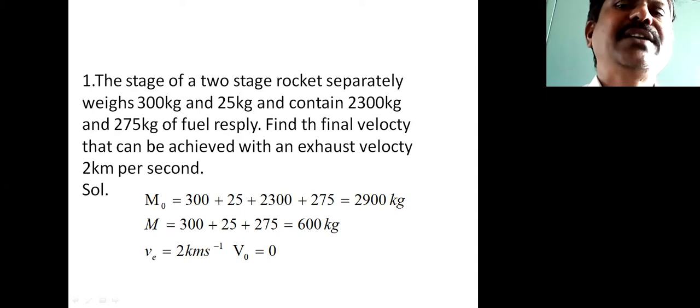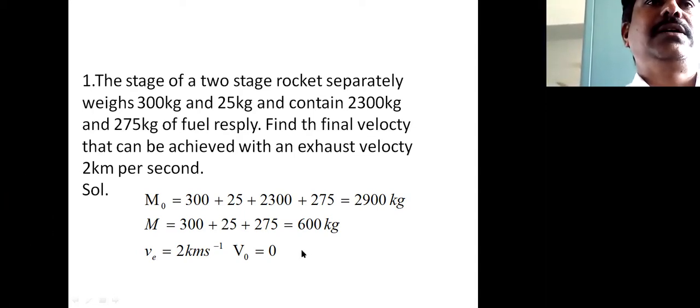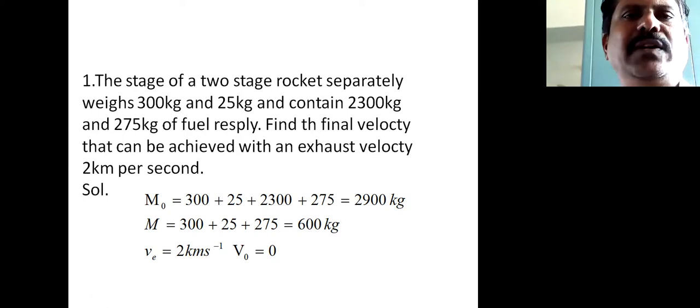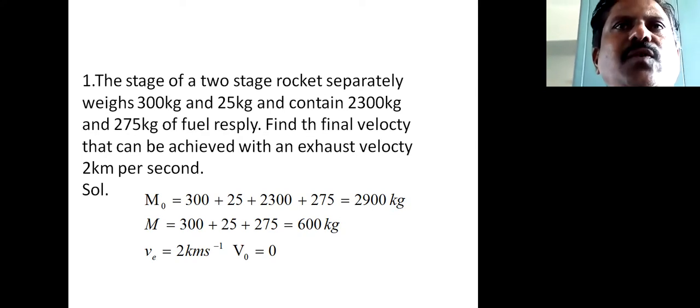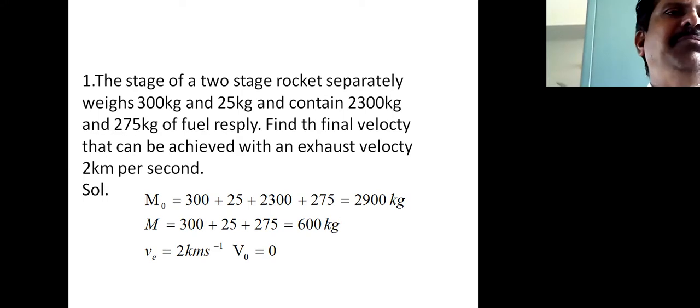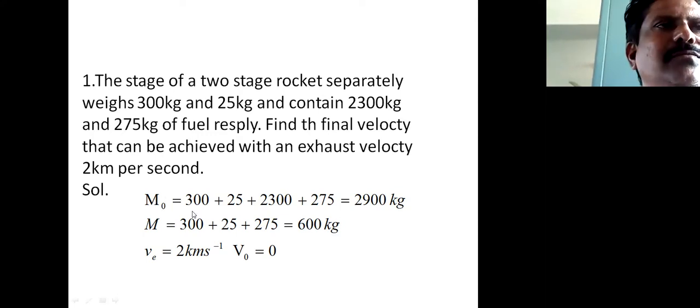The first one contains 2300 kg of fuel, and the second one 275 kg of fuel respectively. So now you have to calculate the final velocity that can be achieved with an exhaust velocity of 2 kilometers per second. Okay.